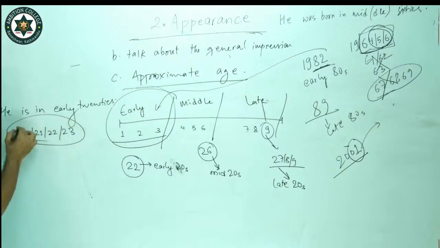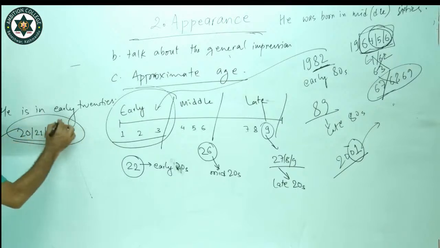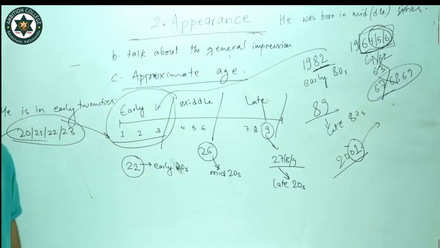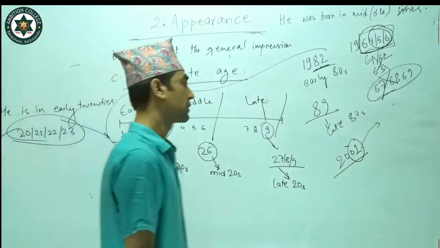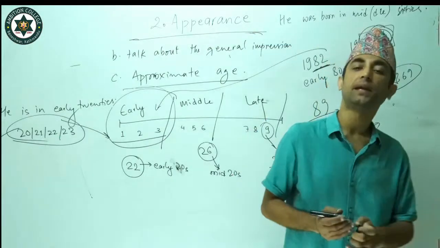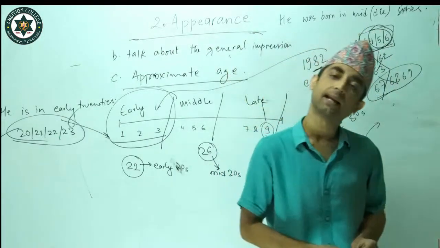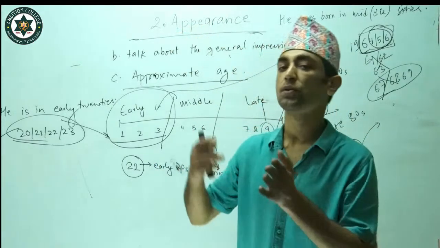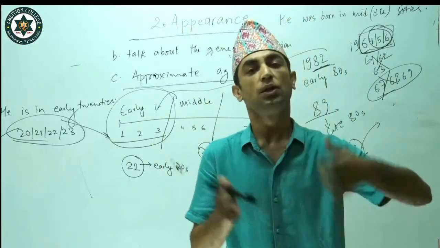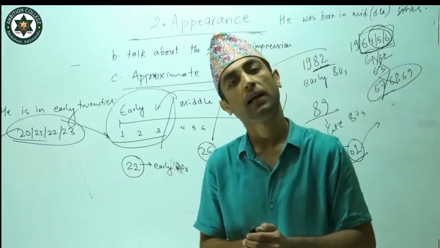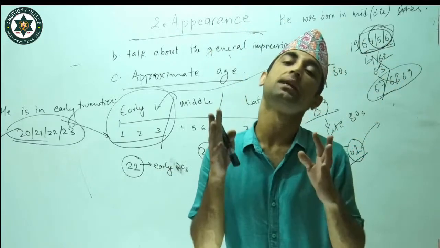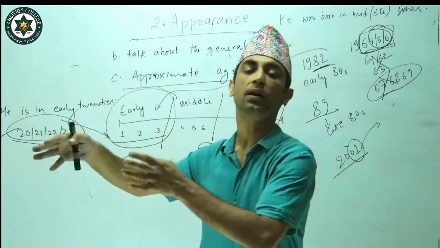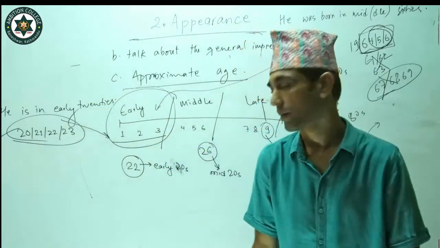Beyond this, this man is neither below this nor above this range of age. So with early, mid and late, we divide the time into 3 different frames. The first frame is the early, the second frame is the middle, and the third frame is the late, right?